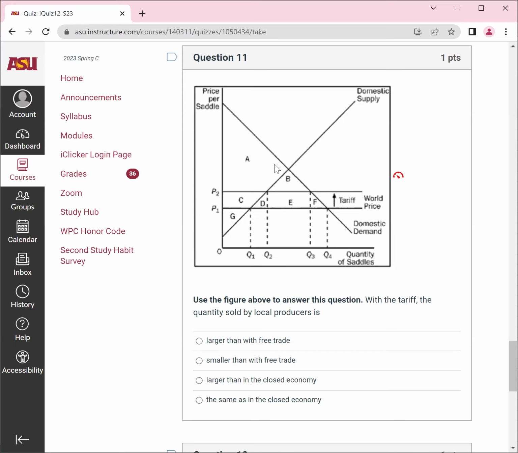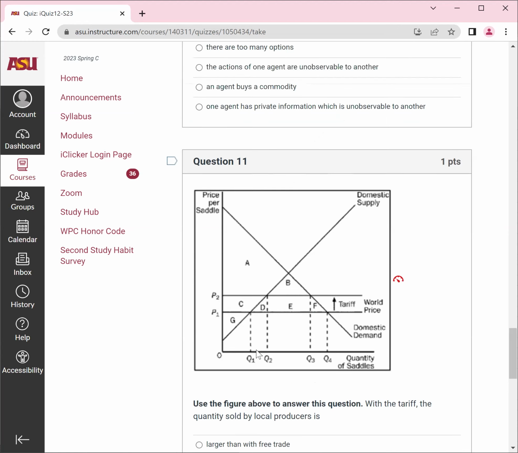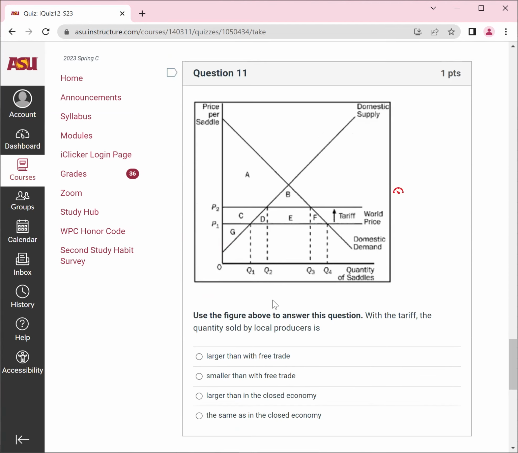This is more about tariffs and not really about the graph here. What does the tariff do? It's a tax. Taxes generally decrease the quantity sold. You know this from your own life: when there's a tax involved, there's less than with free trade. But I don't love that.